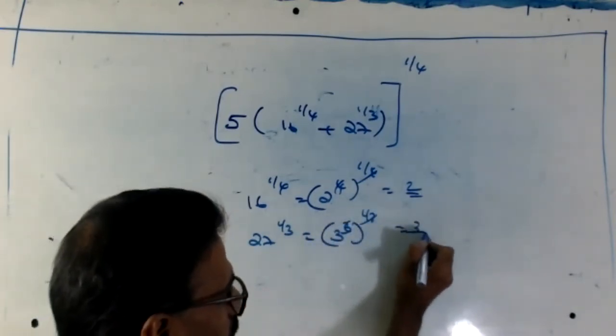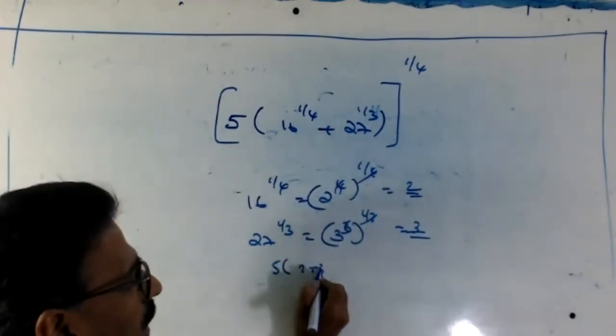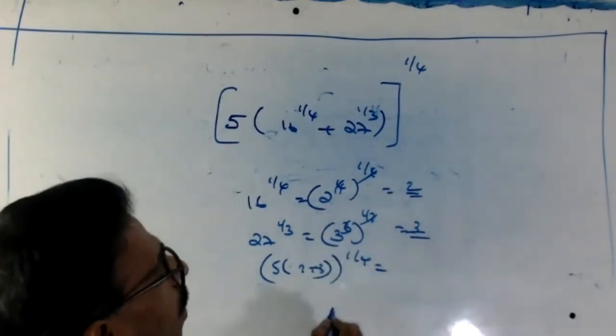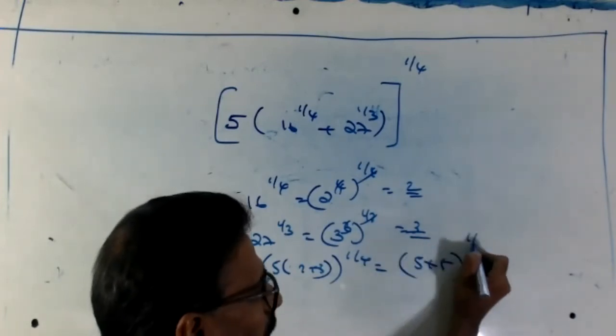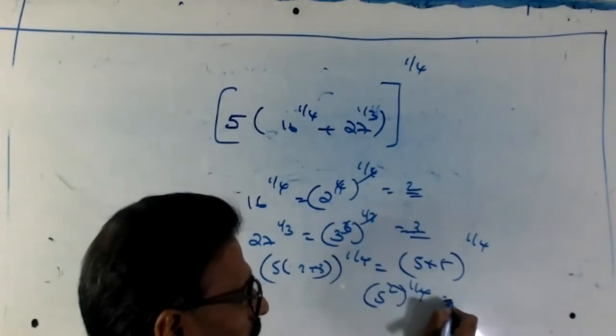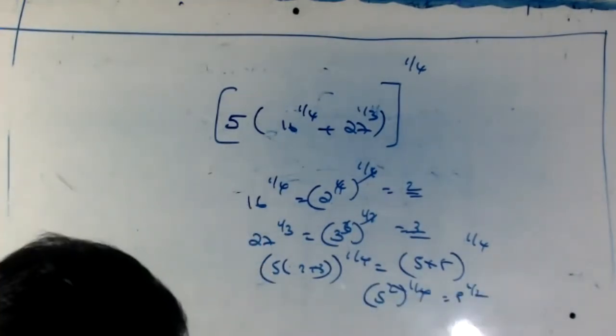Cancel, it is 3. Come back here. 5 into (2 plus 3) all raised to 1 by 4. That is 5 into 5 all raised to 1 by 4. So (5 square) all raised to 1 by 4. Cancel. 5 raised to 1 by 2, which is root 5.